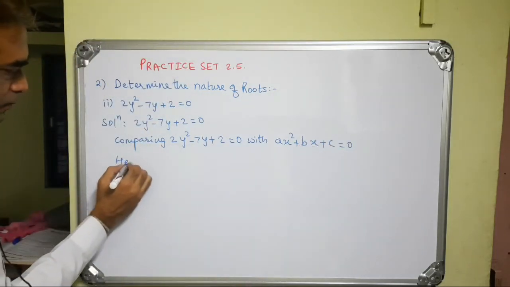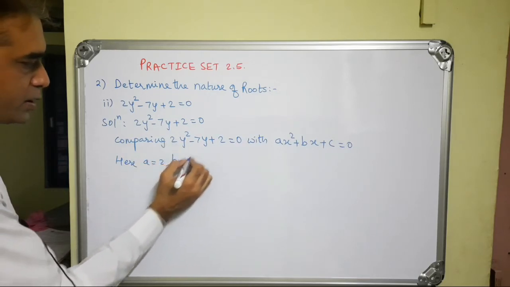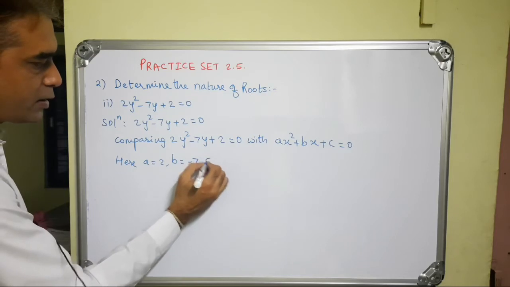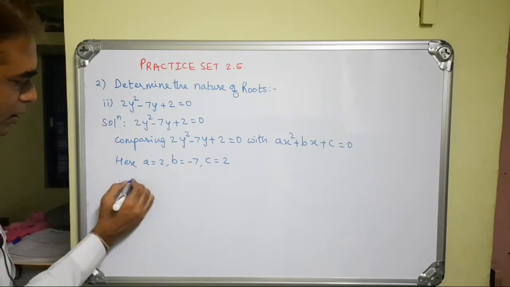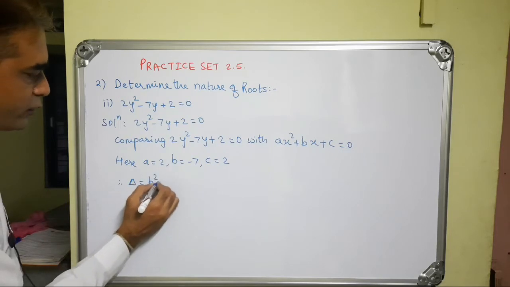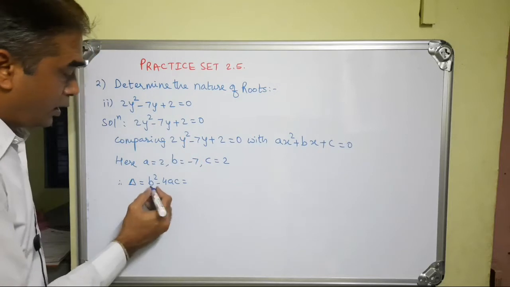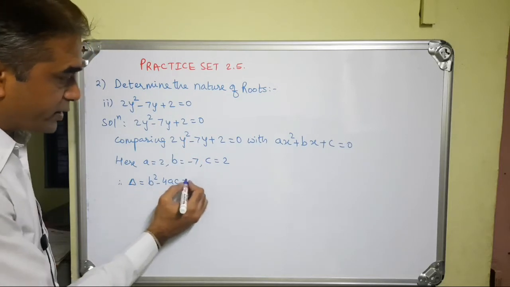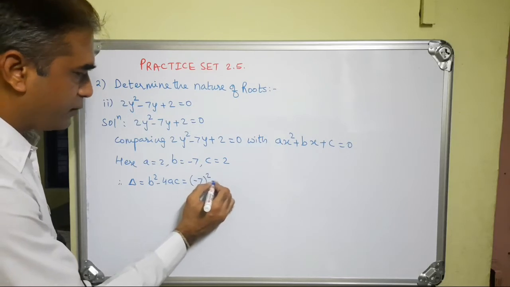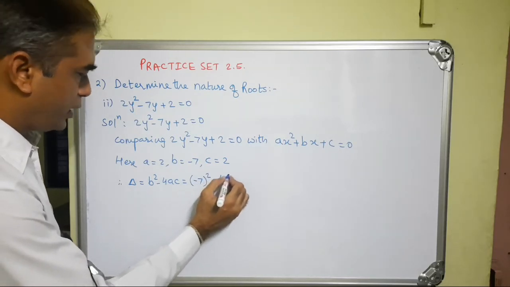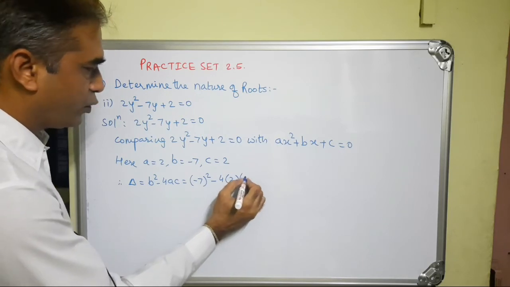Here a equals 2, b equals negative 7, c equals 2. Therefore delta, that is the discriminant b square minus 4ac, equals b square, means negative 7 square, minus 4 into a into c, 4 into 2 into 2.